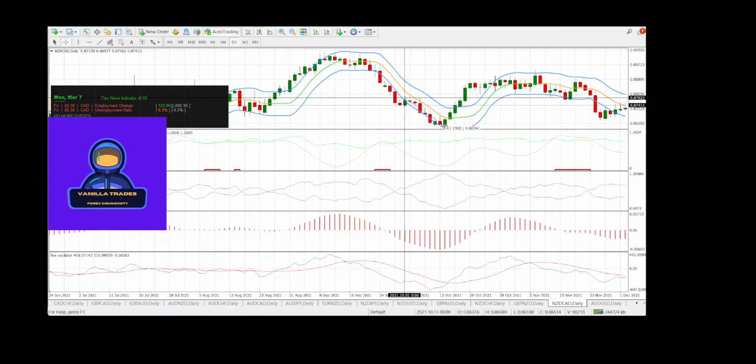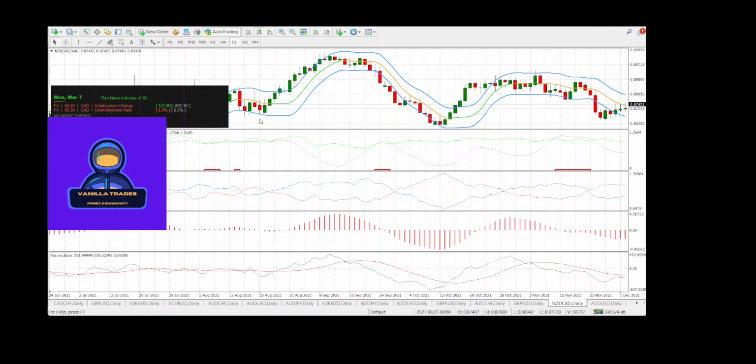How many pips would this have been? We would have exited right about here. About 80 pips. So that would have been another decent win. We're up to 1 loss, 3 wins.